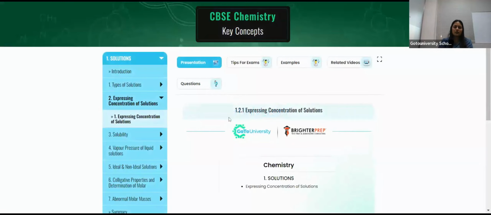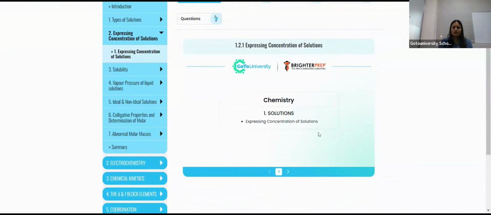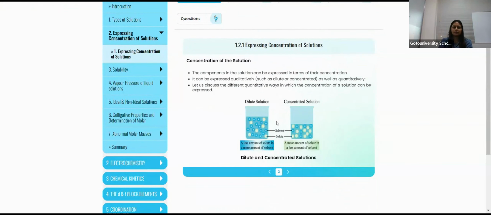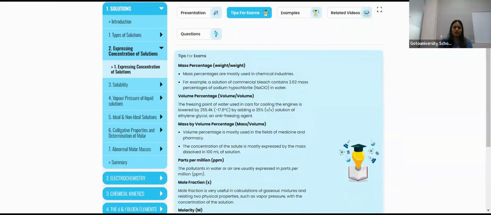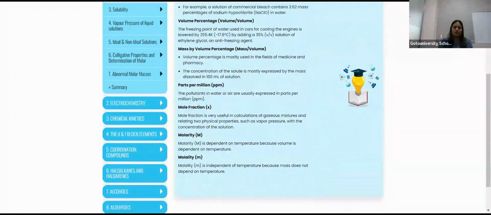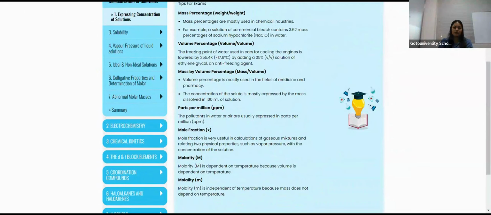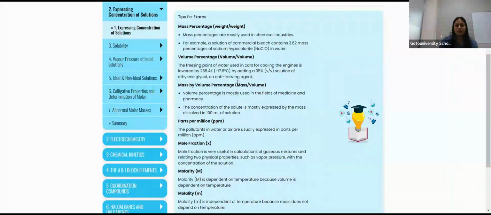And you can have free access to all this material, these slides. All right. See, tips for exam, for expressing concentration. I think this is very important to solve the numericals in exam, right?